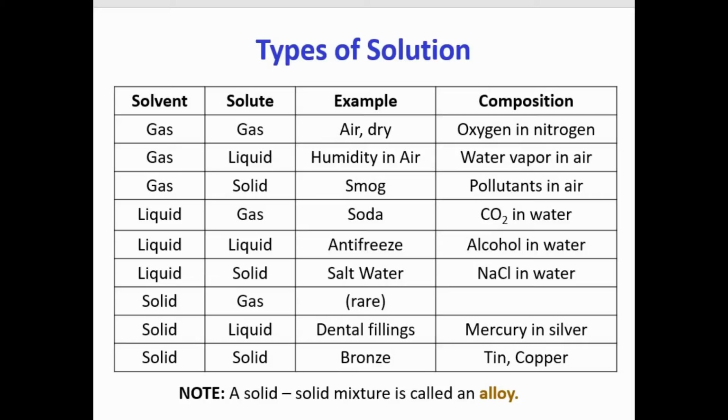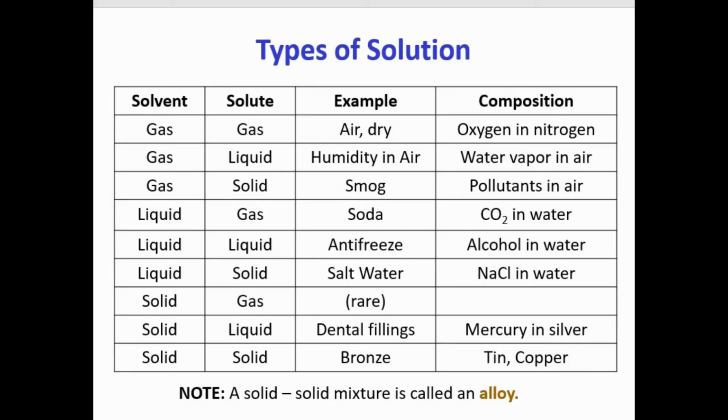We could have the solute being a liquid and the solvent being a gas. An example would be humid air. We have water particles, a liquid, in air. Sometimes we can even have a solid in a gas. An example would be smog, where we have particles of soot in our air.